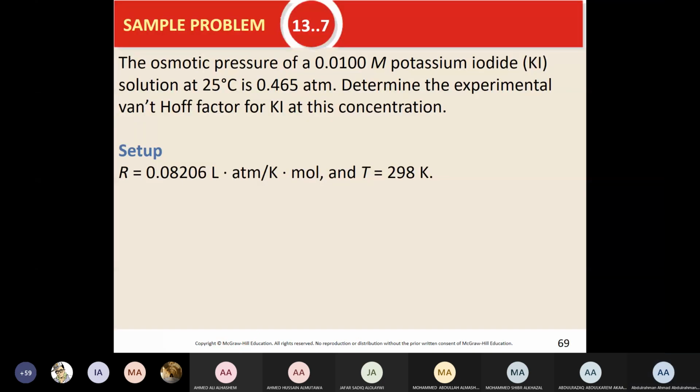Yes, it's easy. Okay, the osmotic pressure of 0.100 molar potassium iodide solution at 25 degrees C is 0.465 atmosphere. Determine the experimental Van't Hoff factor for KI. Go ahead, solve this problem.